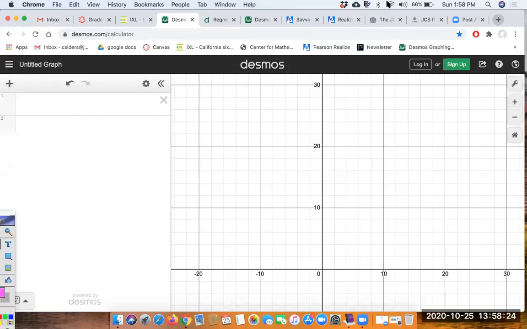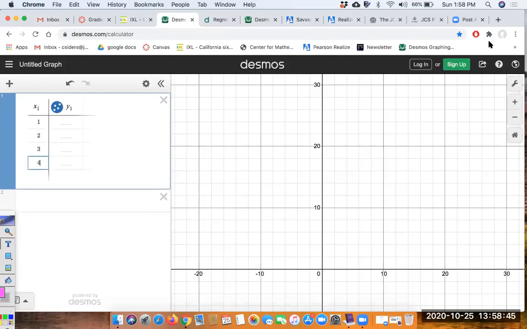You go to Desmos. You got that plus button here on the left corner, top corner. You're adding a table, and X is your top number, the age, 1, 2, 3, 4, 5. And the Y are the value in thousands, 28.6, 18.5.